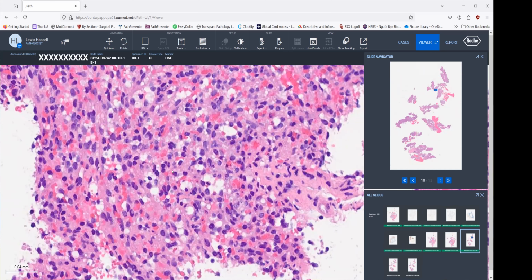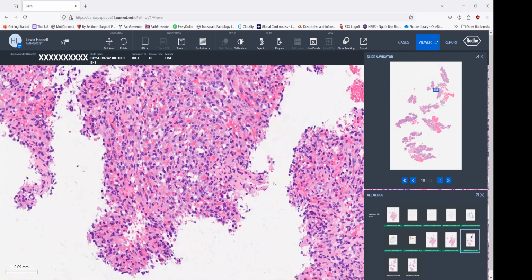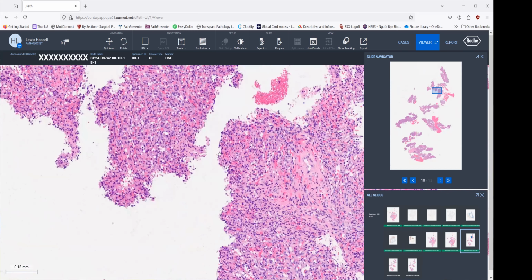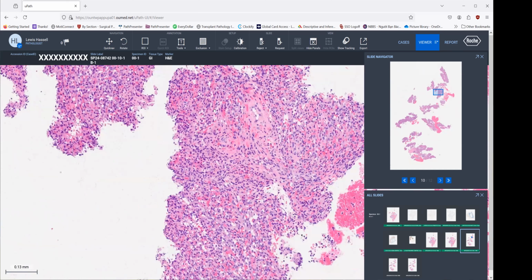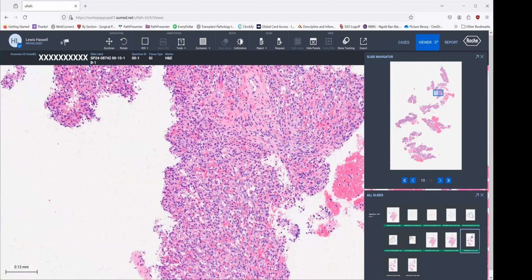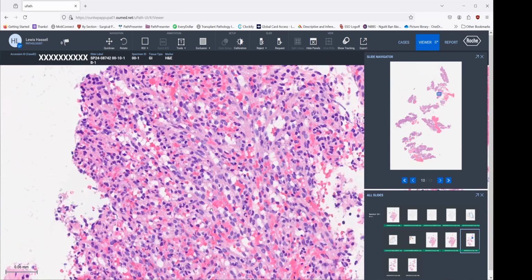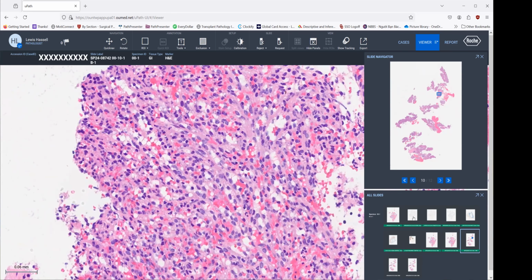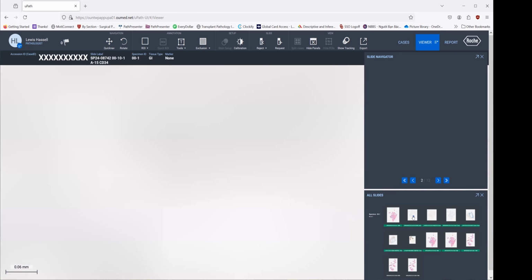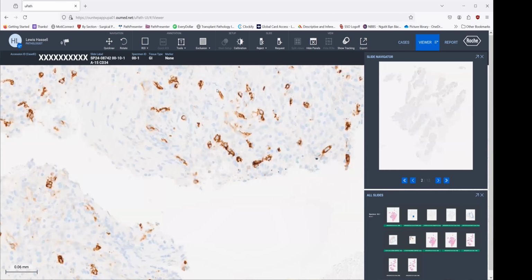So that's kind of where we were, not helped particularly by the clinical history or the clinician's workup, and dealing with a neoplasm, a lot of red cells, a lot of sort of vacuole type spaces and so forth. What could this be? Well, of course, we had the advantage of being able to do some immunoperoxidase stains.